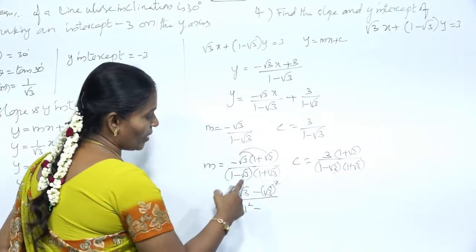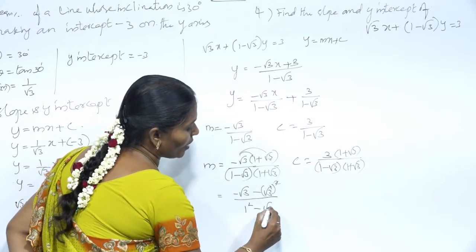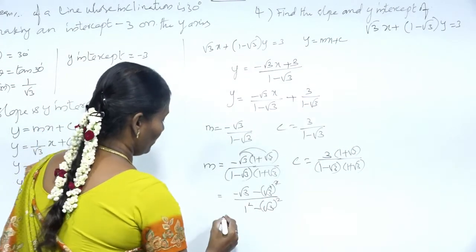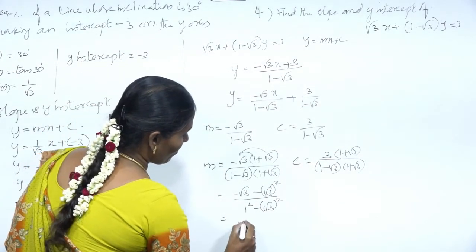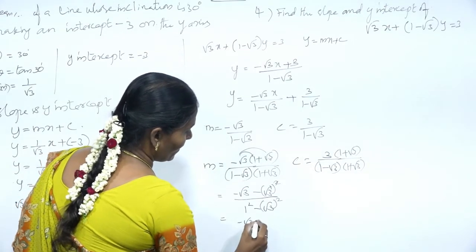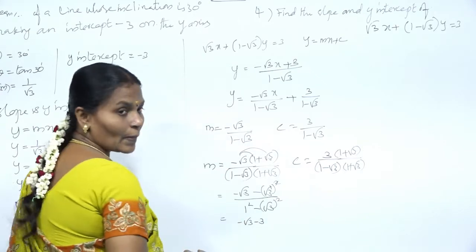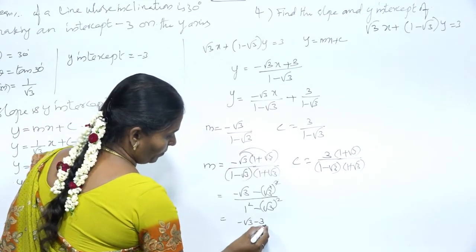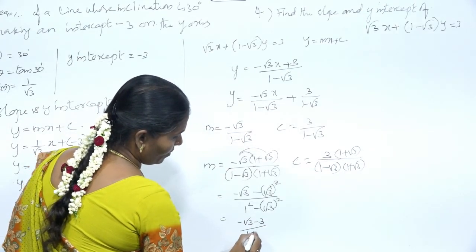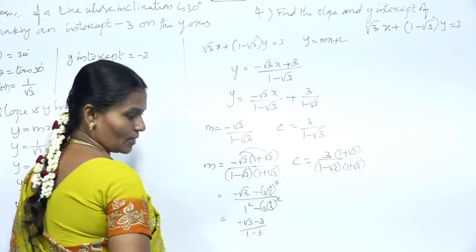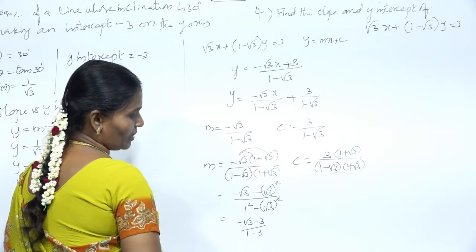What is b square here? b is root 3, so root 3 the whole square. Here the square root cancels, so minus 3. So 1 minus 3, because 1 square is 1.